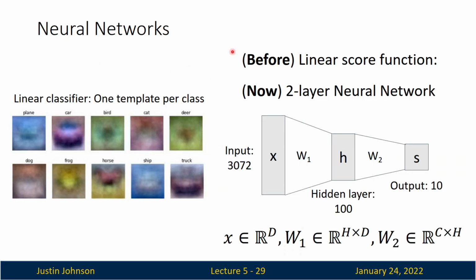Okay, now we have a two-layer neural network, and before the two-layer neural network, we used a linear score function for classification. Let's take a look. If we use the linear score function, what will the learned templates be?